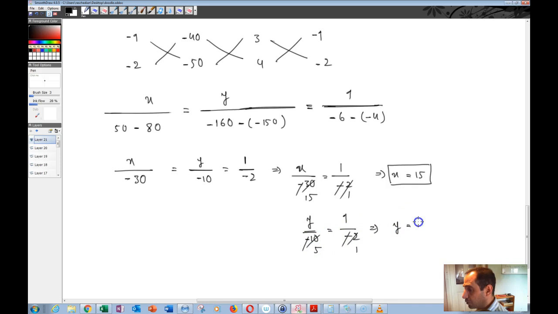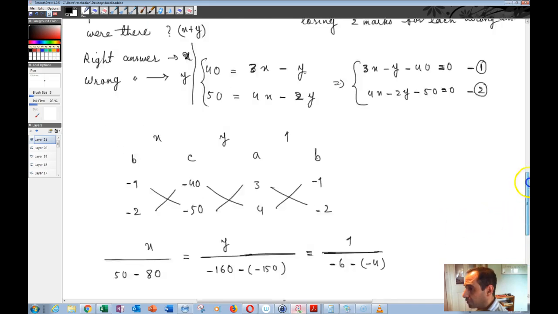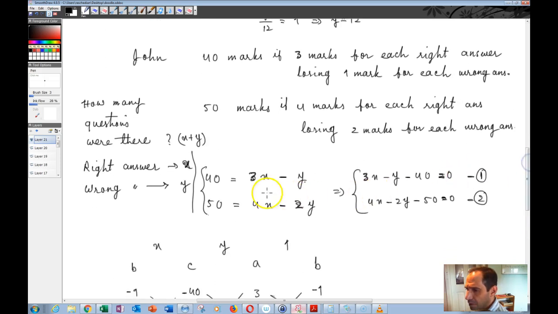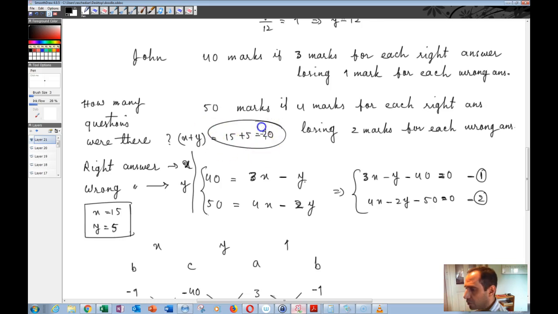So y is equal to 5. X is equal to 15, y is equal to 5. So this is 15 plus 5, which is equal to 20. There were 20 questions in total on this test.